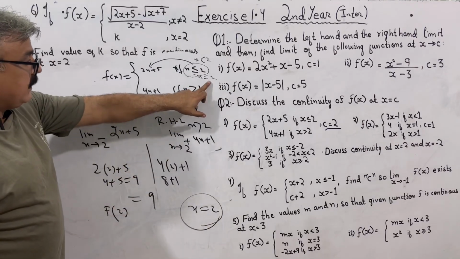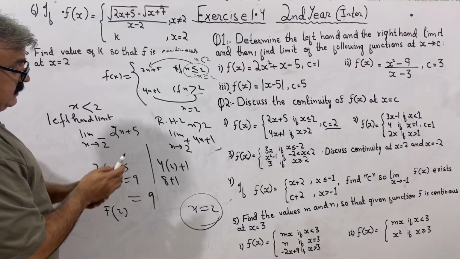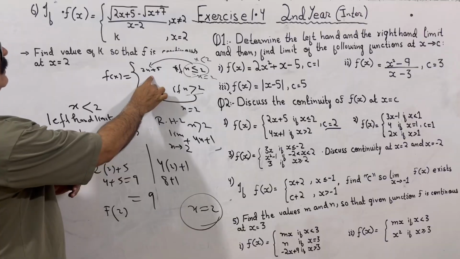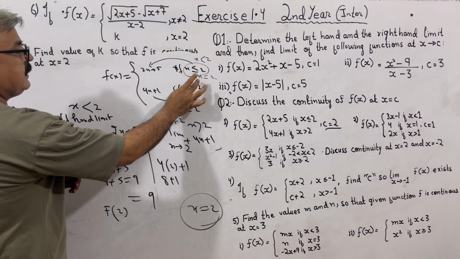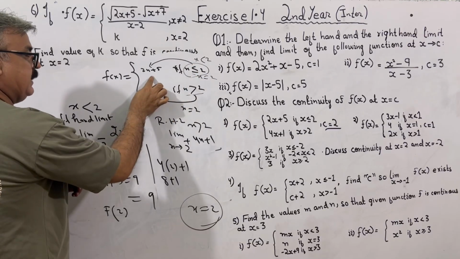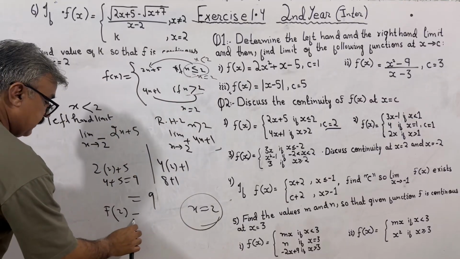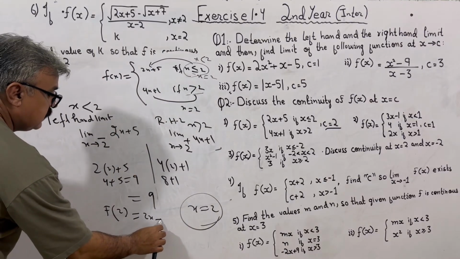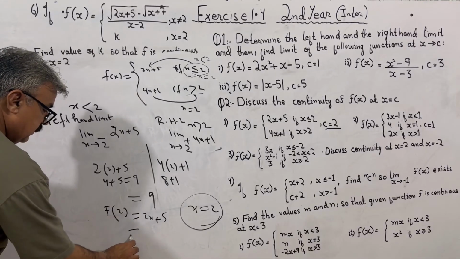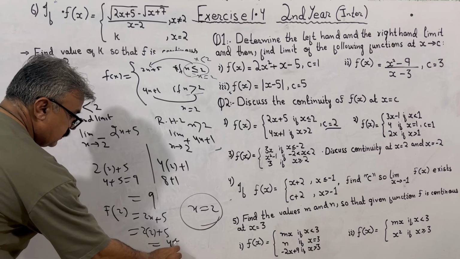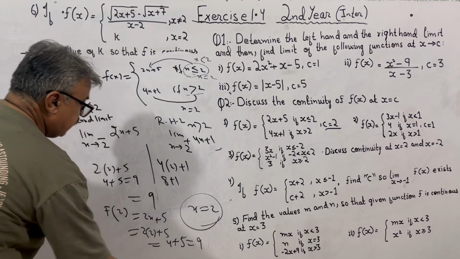So for the function value exactly at x equal to 2, we have to take the same function 2x plus 5, because it has dual nature. Less than 2 it is the function, equal to 2 also this is the function. Putting 2 instead of x, 2 times 2 plus 5, that is 4 plus 5, we get 9.